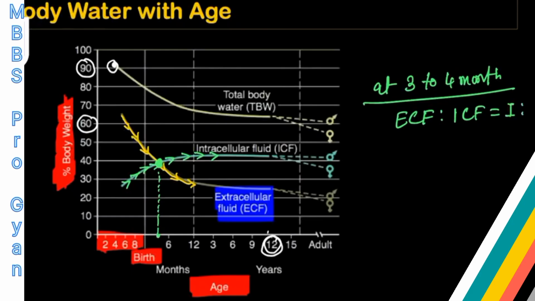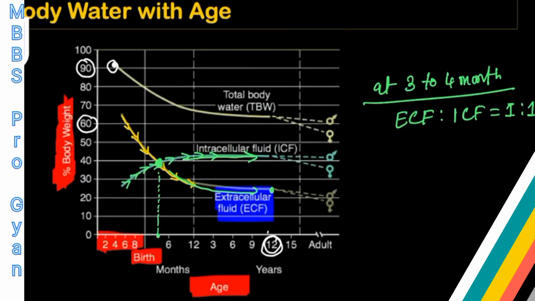That means the ratio between ECF and ICF is 1:1. Getting my point? In adults ICF is 2/3 and ECF is 1/3, but at which age group are the ECF and ICF percentages equal to one another? That is the age group of 3 to 4 months after birth. And then ICF is rising further and ECF is decreasing further.